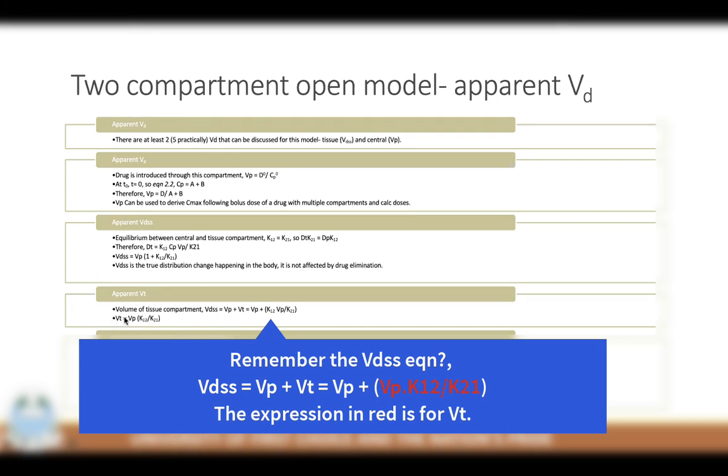Just pull out that expression to say apparent volume of distribution in tissue is equal to volume of plasma times the rate of change from plasma to the tissue compartment divided by the rate of change from the tissue compartment back to the plasma. So this expression can give us the apparent volume of distribution for the tissue compartment.